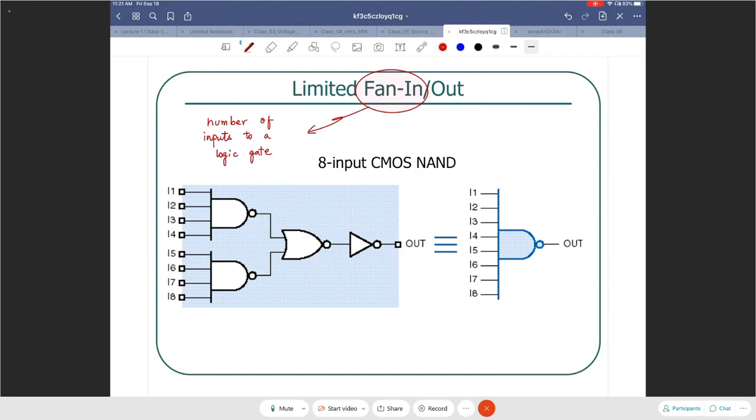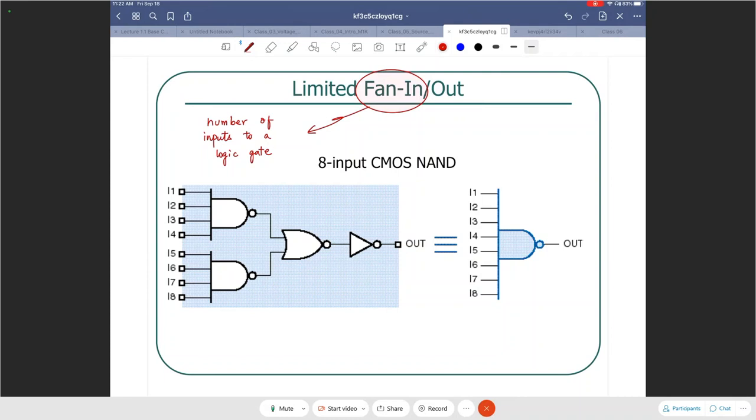As the consequence will be, logic 1s and logic 0s will no longer be recognized as logic 1s and logic 0s. So they will be incorrectly distinguished as a 1 or a 0, right? So that's the problem. Fan in is defined as the number of inputs to a logic gate.